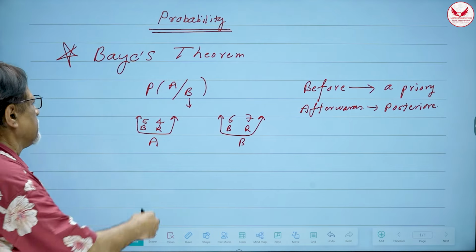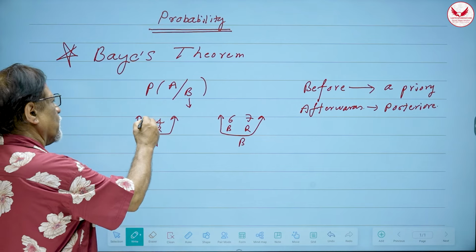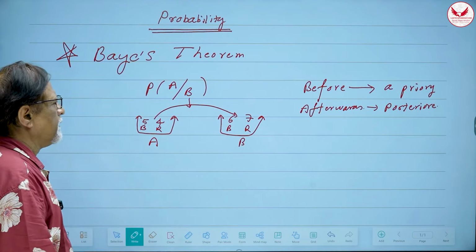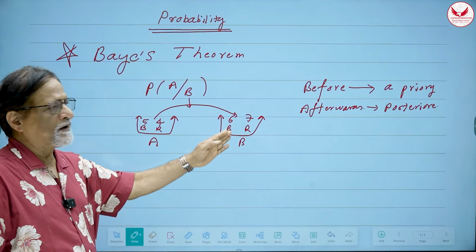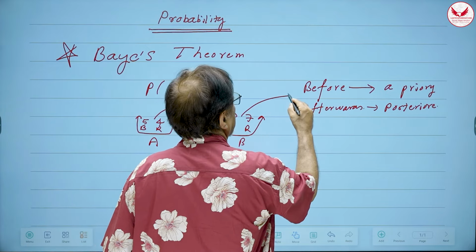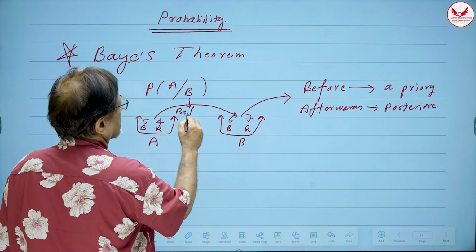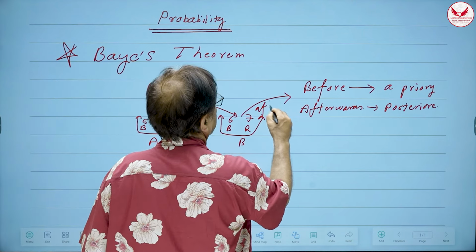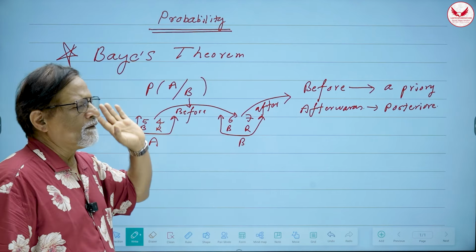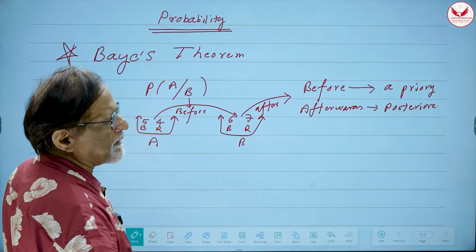I will pick up one ball from bowl A and put it into the second bowl. So this event has happened first, so it is before, and then I pick up one ball from bowl B, so this is after. It is very clear which event happens first. One ball transferred from A to B is the first event, and the ball picked from B happens afterwards.